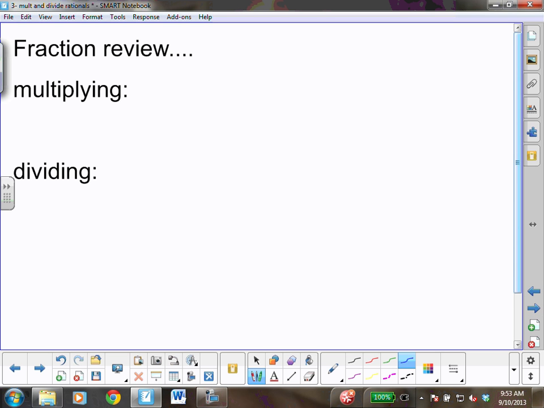Before we can do any operations with rational expressions, we need to review some things about fractions, because essentially that's what we're dealing with, just fractions with variables in them. Whenever we're multiplying fractions, so let's say I have 2/3 times 10/6, I want to multiply straight across the top of this fraction and straight across the bottom.